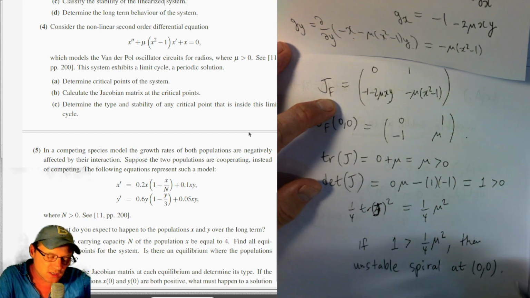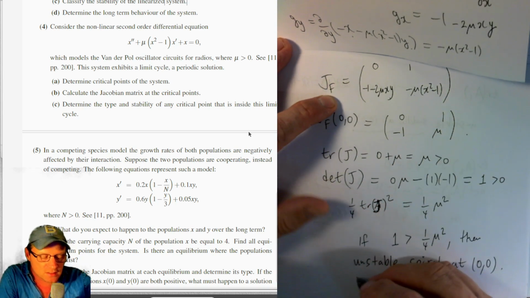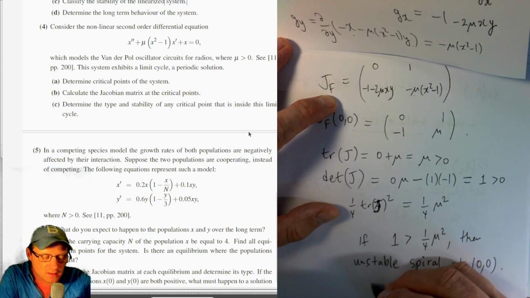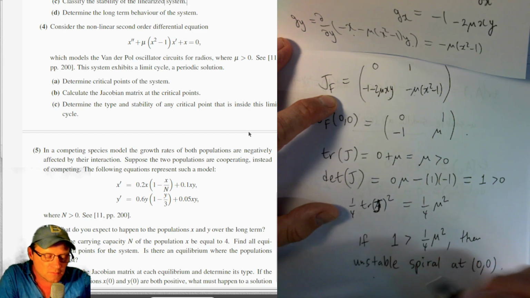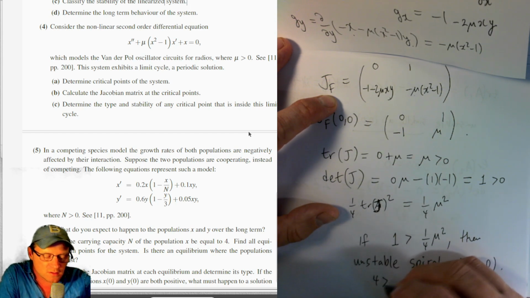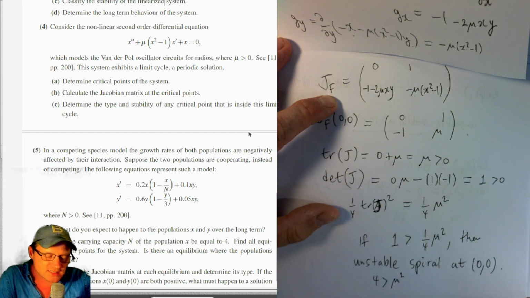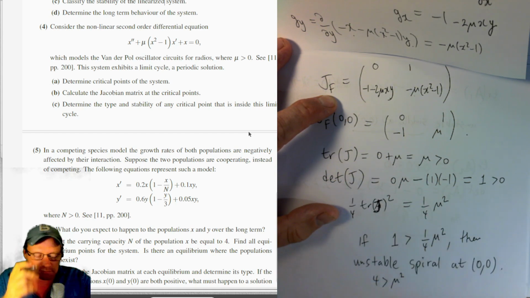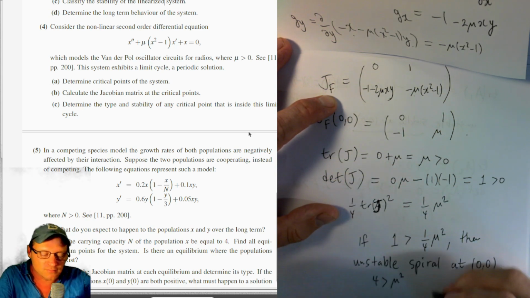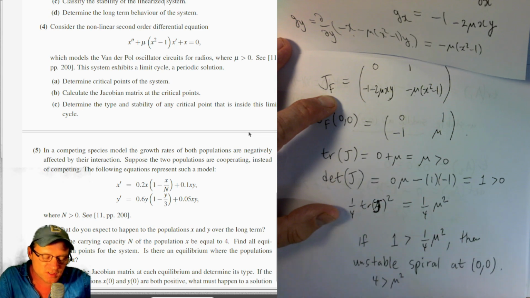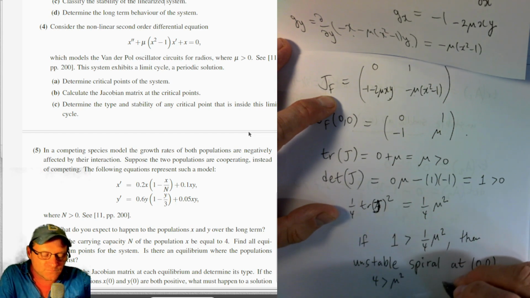And this is equivalent to mu squared is less than 4, which is equivalent to, since mu is positive, mu less than 2.